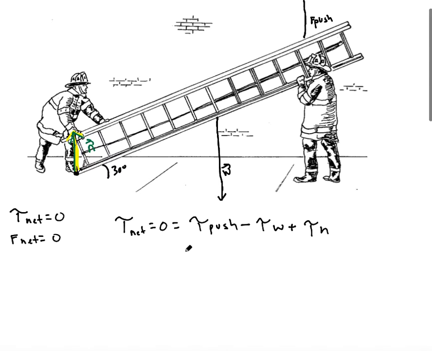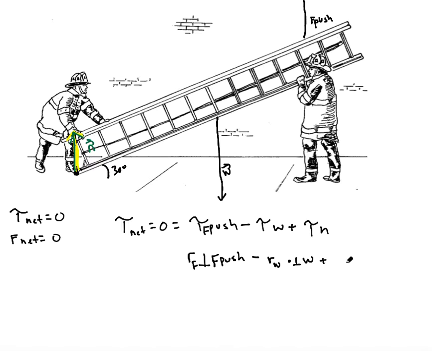So torque due to F push is going to equal R, which is the distance from where the force is acting to the pivot point, times the perpendicular component of F push, the component perpendicular to the rod, the ladder, minus torque of the weight will be R of the weight times the perpendicular component of the weight force.